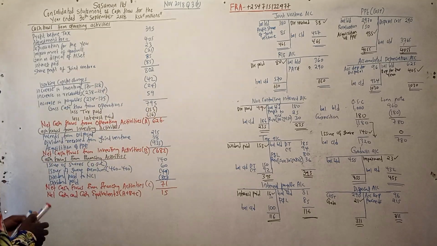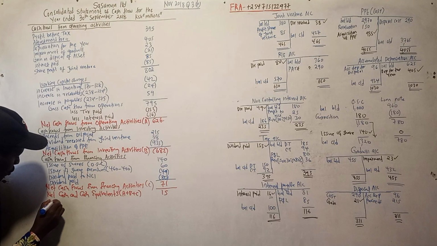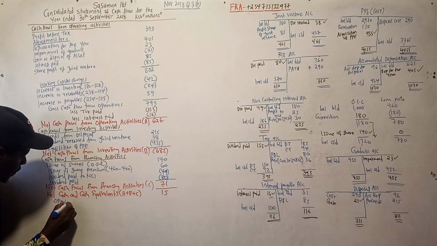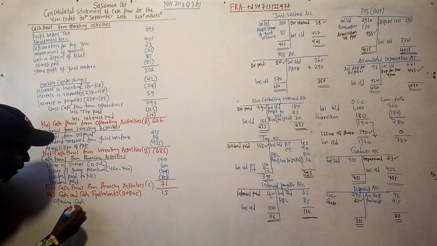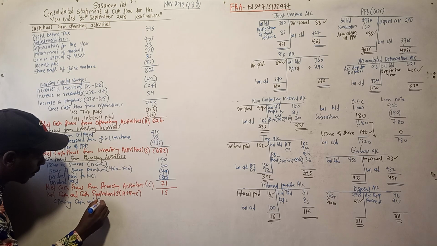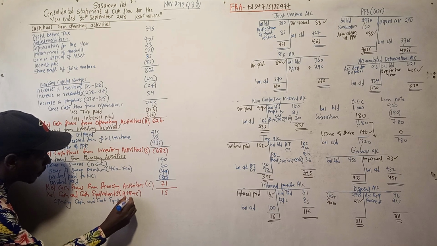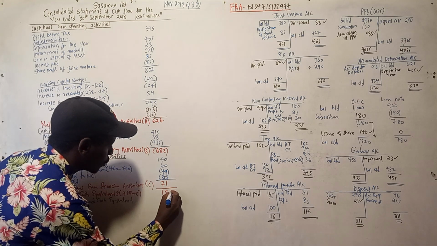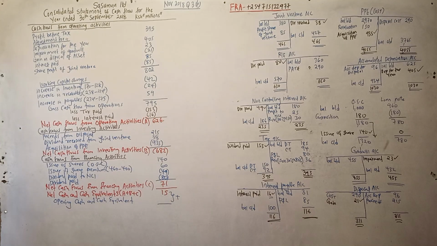Then we check on cash and cash equivalent at the beginning. So opening cash and cash equivalent. How much was the opening cash and cash equivalent? We go to our current assets.